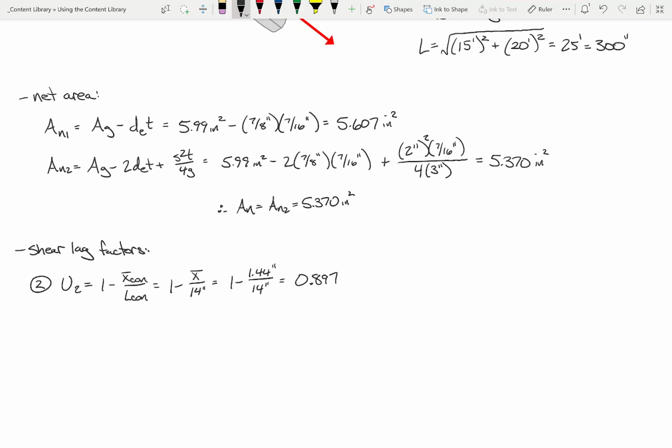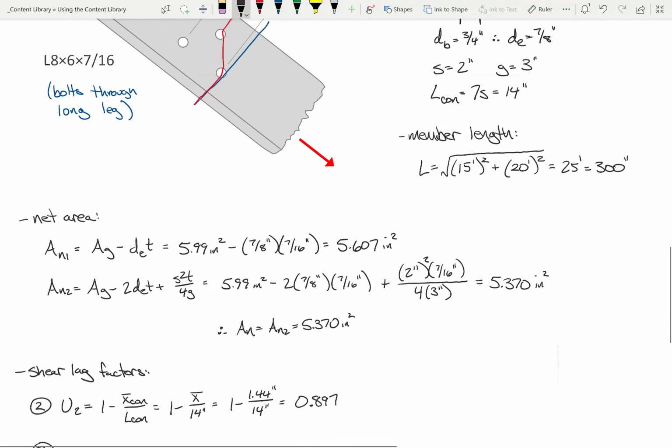Are there any other cases that apply for shear lag? Case 8. How many fasteners per line in this connection? 4.